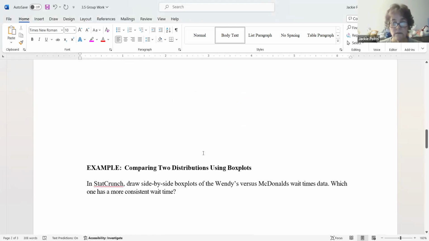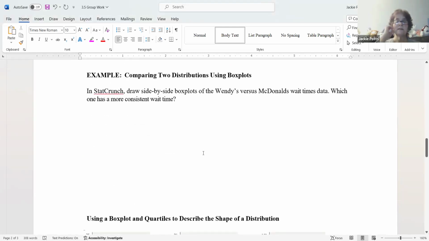And again, yes. So let's try this again. This time, I'm going to do 2 data sets. Remember the Wendy's versus McDonald's? All right. I'm going to reopen because I still have the data set. Boom, Control A, Control C. Take it back to StatCrunch.